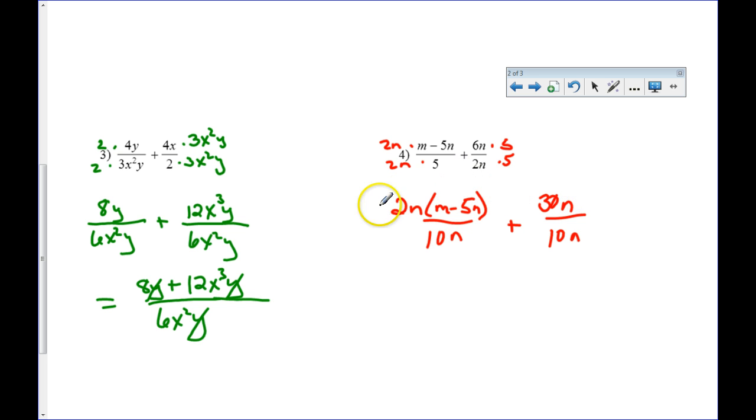So here's an issue that you may not have noticed, but I have an n in front of a parentheses. What do I need to do here? I need to distribute it. So this 2n times m would be 2nm, and then 2n times 5n is minus 10n squared.